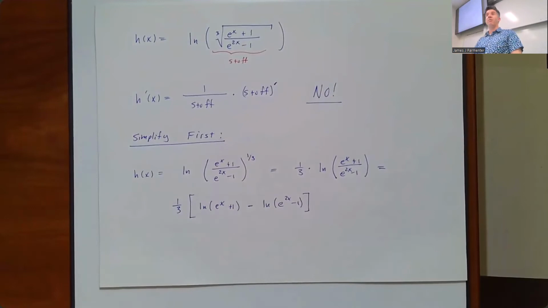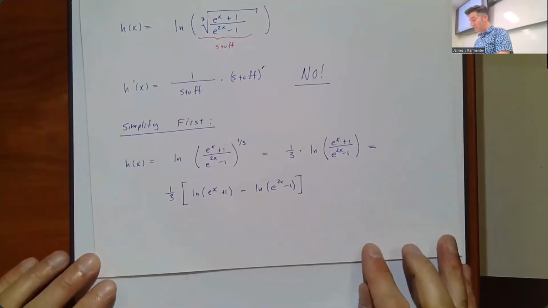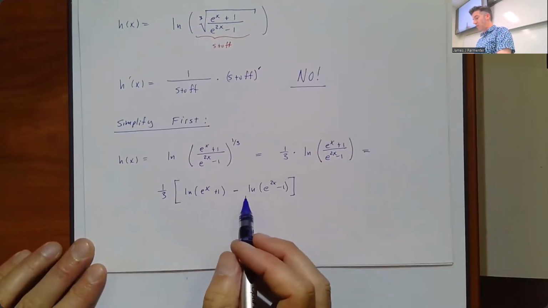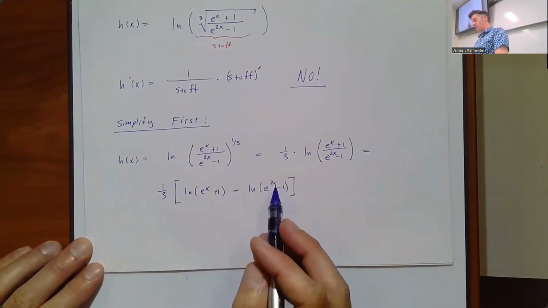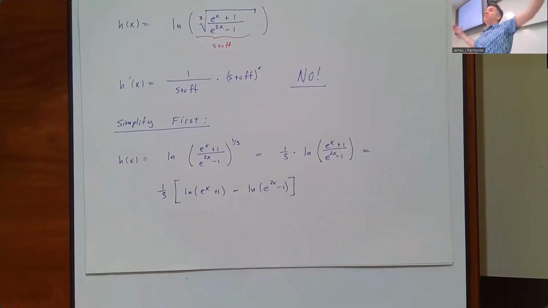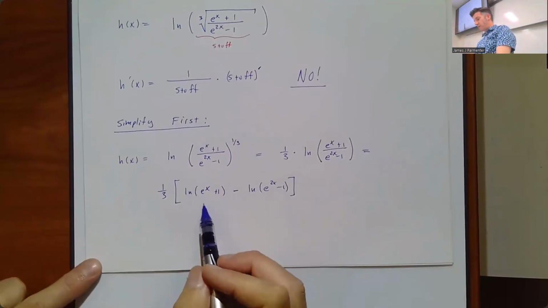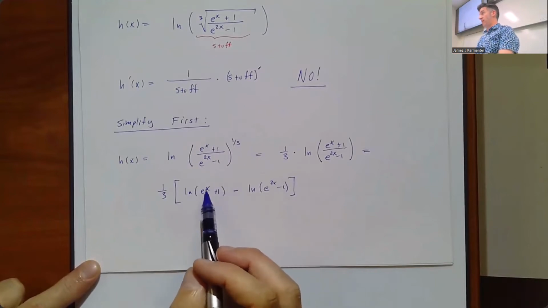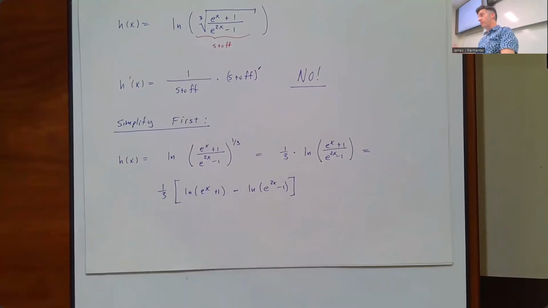So it's definitely going to help me avoid using the quotient rule here. So now I have 1/3 times the quantity natural log of e to the x plus 1 minus natural log of e to the 2x minus 1. And we simplify it as much as we can. There's no way we can break apart a natural log of some stuff added or subtracted together. That's just unbreakable. It's done, we're stuck.